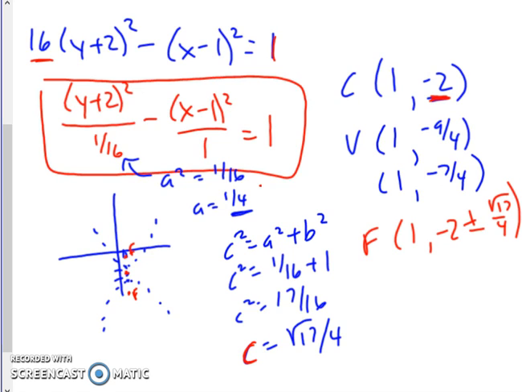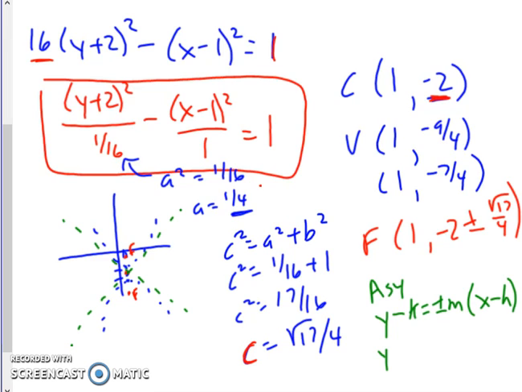And then last but not least, the asymptote. So we'll have y minus our k value, so we'll plug that in, equals plus or minus slope of x minus h. So again, we're going to write one equation for both of these asymptote lines here. So in this case, we'll have y plus 2, x minus 1, because we're using our center value of h and k.